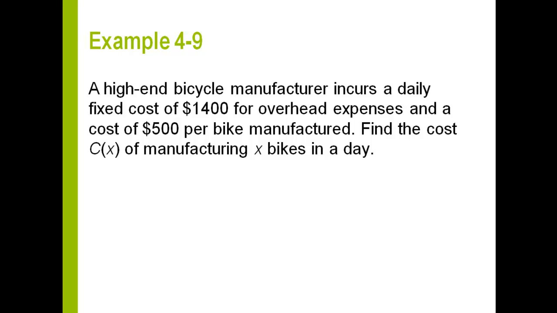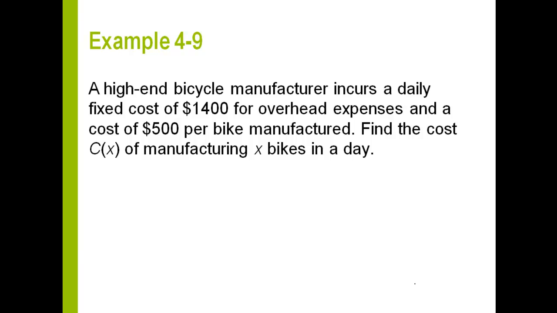So let's look at an example. A high-end bike manufacturer incurs a daily fixed cost of $1,400 for overhead expenses, and the cost of a bike to be manufactured is $500 per bike. Find the cost of manufacturing x bikes in a day.